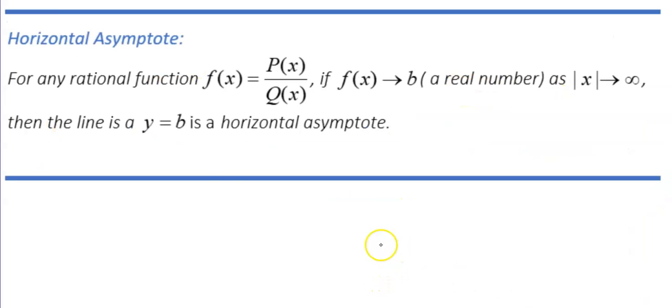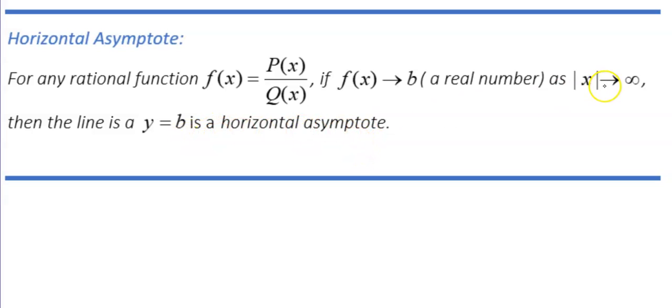In general, as a definition, we can say if a function is a fraction, p of x over q of x, and of course q of x cannot equal 0, and f of x approaches b, where b is just some real number, as x approaches infinity, either positive or negative infinity, going left or right, then y equals b is a horizontal asymptote.